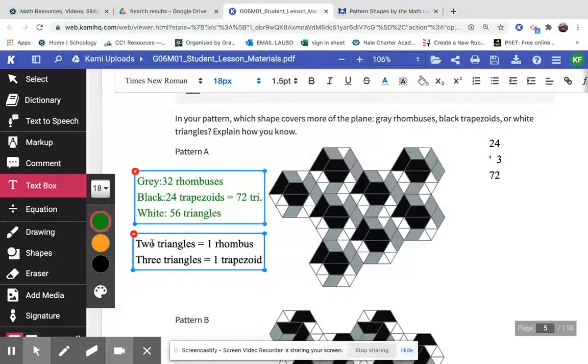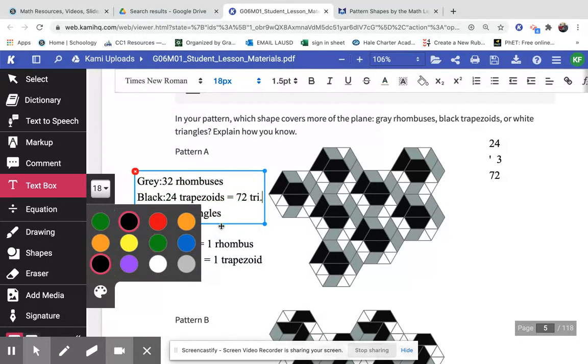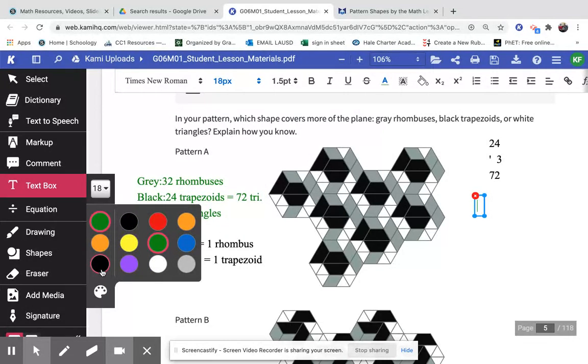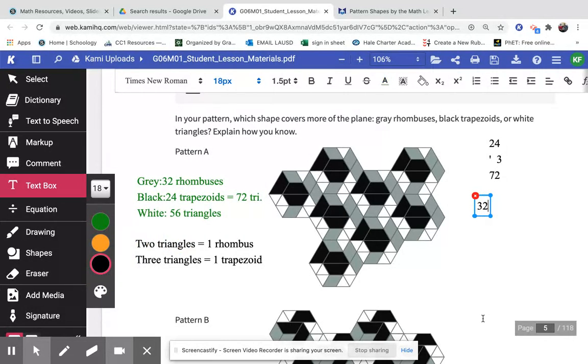And then the rhombuses, 32 rhombuses, I need to multiply 32 times 2 in order to figure that one out. So 32 times 2, 2 times 2 is 4, 2 times 3 is 6, so 64. Therefore, 32 rhombuses equals 64 triangles.